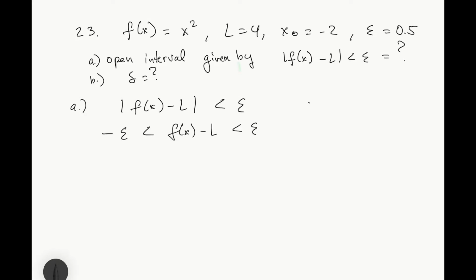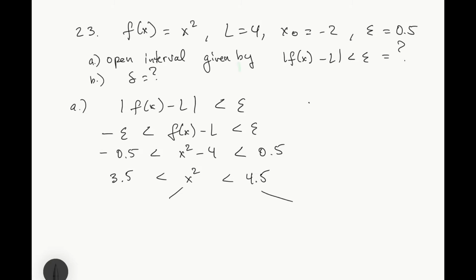Then plugging all of our values in, from here we can simplify this equation by adding 4 to all sides. And then when we take square root of both sides, we will get two answers, plus and minus.